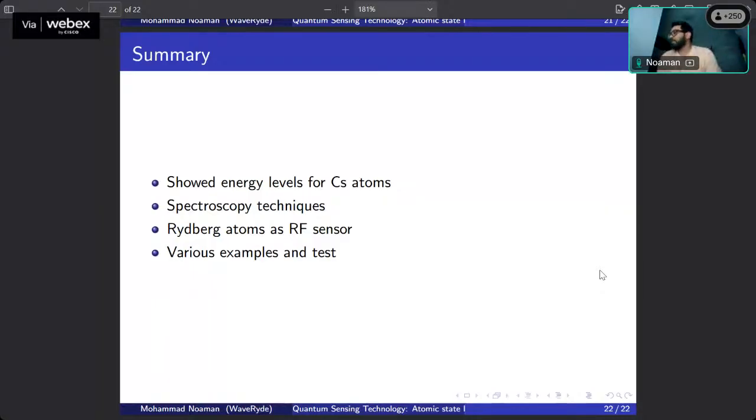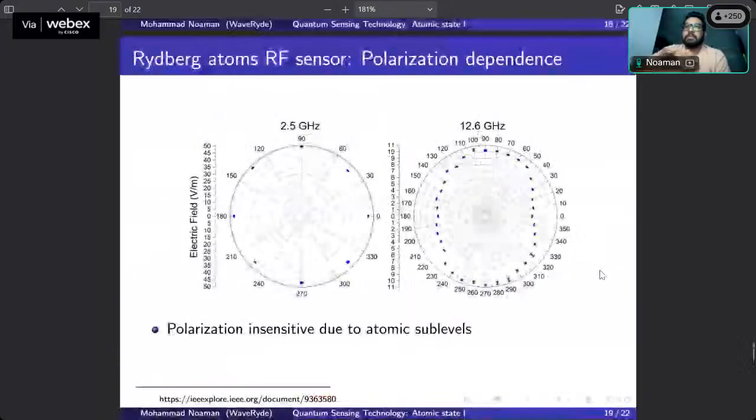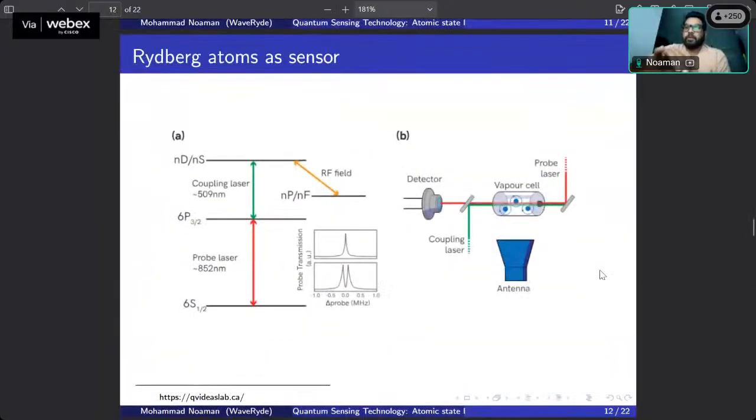So there's a question: what is the relationship between the vapor cell and the detector? Oh, so the vapor cell is, let me go back here. This is a vapor cell that contains the atoms in it, those cesium atoms. And the detector is what detects the light when it passes through the vapor cell.